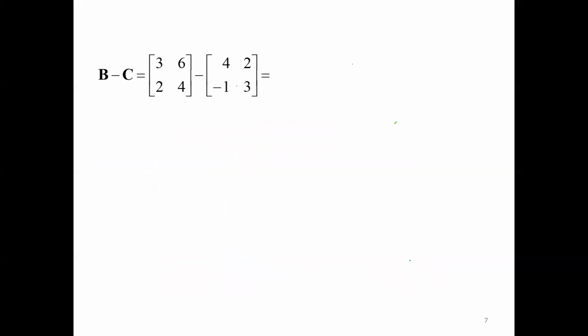Another example here is B minus C. So again, what we will do is the same as adding, but in this case we subtract each corresponding element, from B minus C. So here it's going to be 3 minus 4, and for this one, it's going to be 6 minus 2.